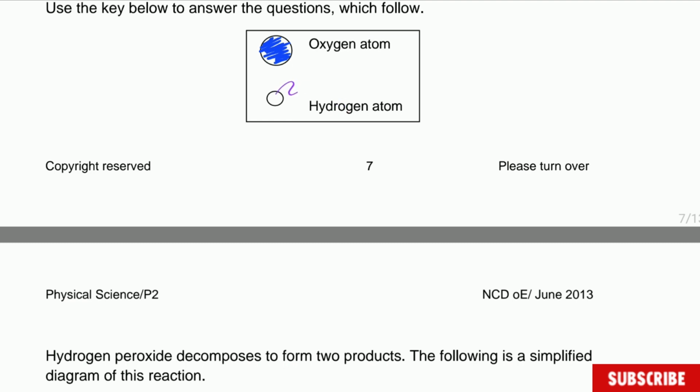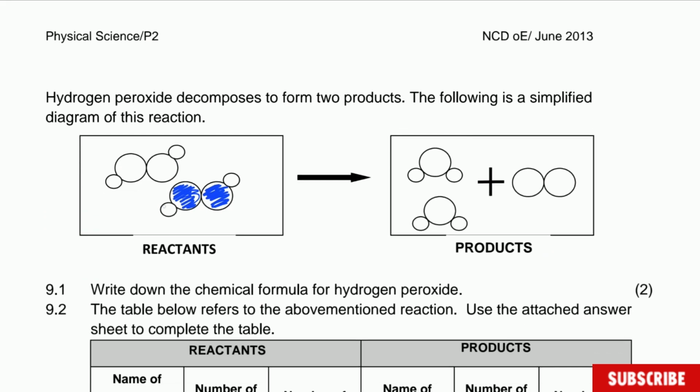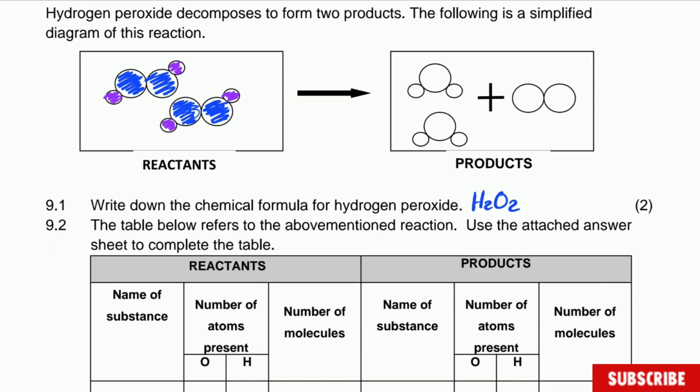So you have a combination of two oxygen with two hydrogen, guys. And if you go to the other molecule, this is just showing you that there are two molecules there. It's two oxygens with two hydrogens. So what is the formula? It's going to be H2O2. Very simple.